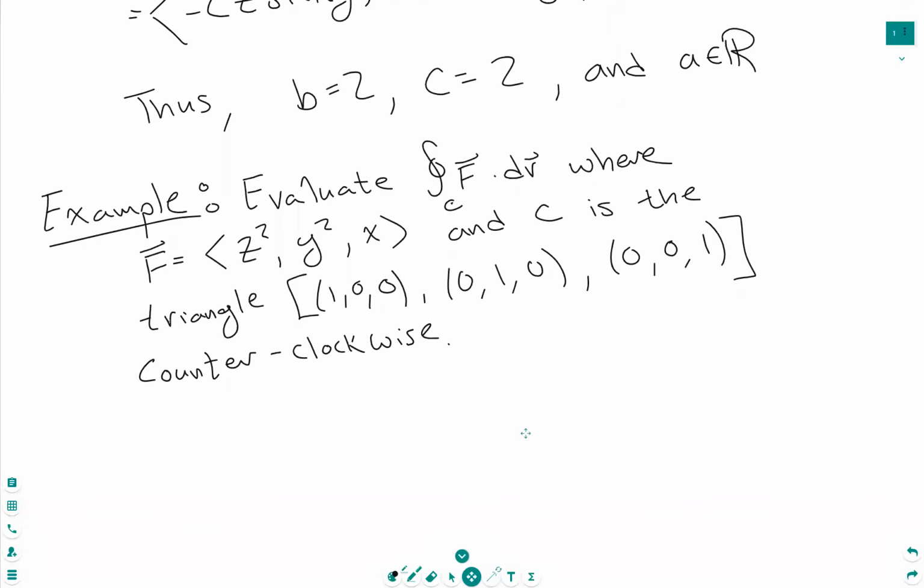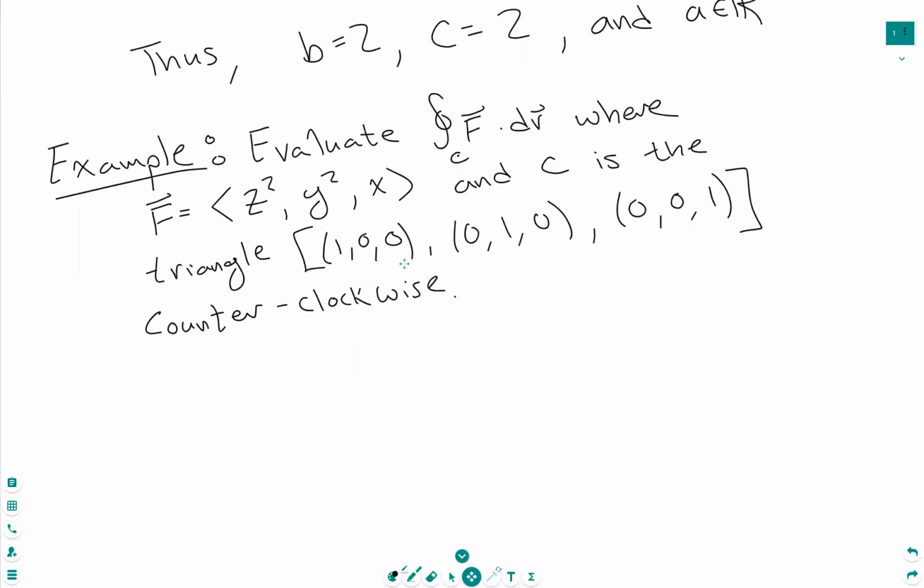So we could do this line integral, right? What we would have to do is separate the line C into 3 different segments, find parametric equations for all 3 of those, and then do the line integral on each of those things. We do know that it encloses a surface, however.